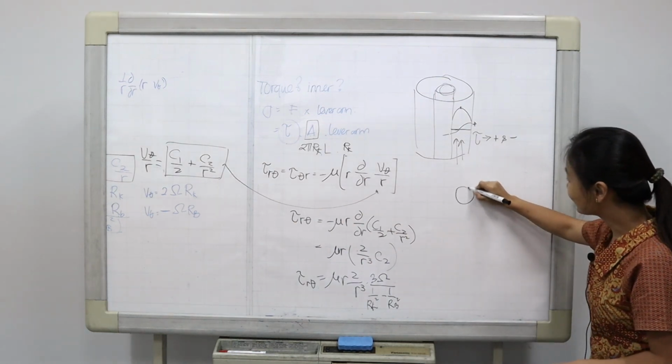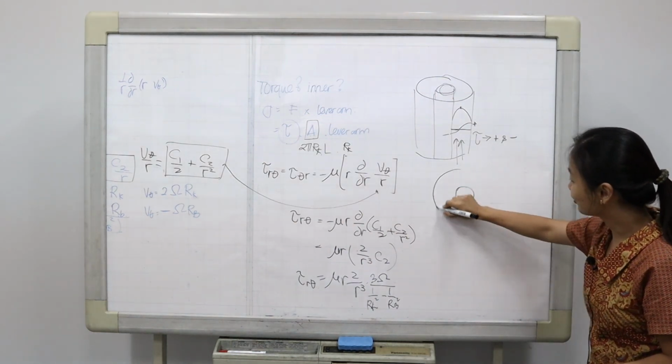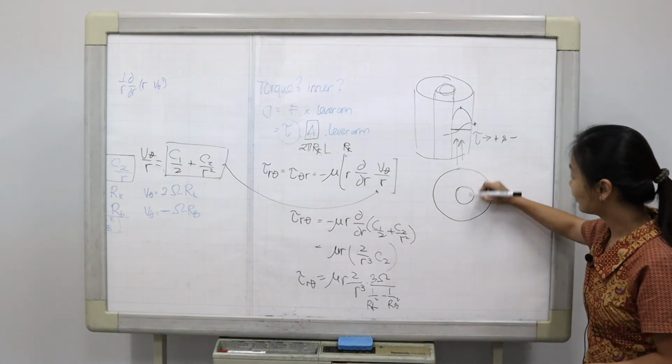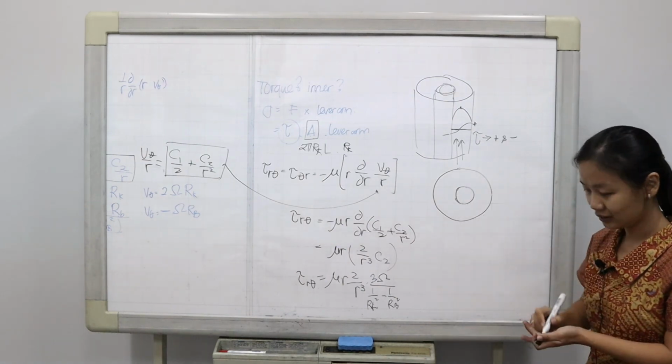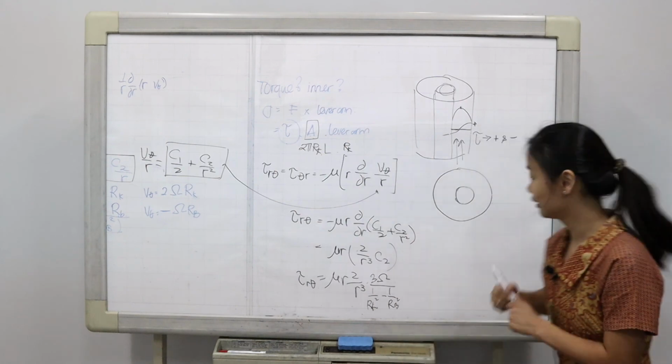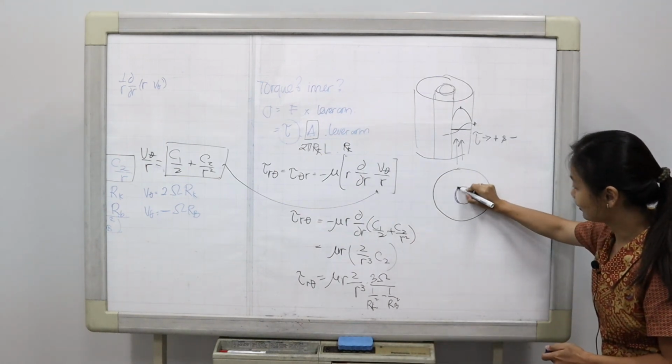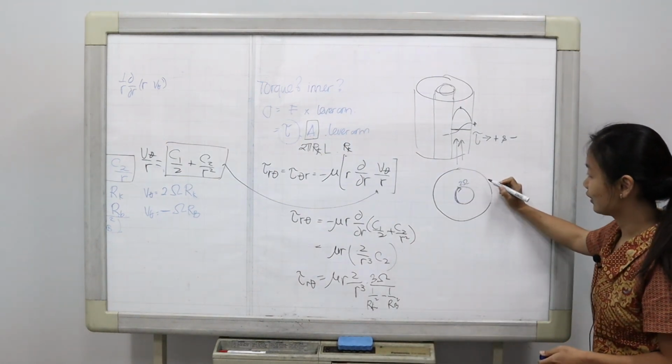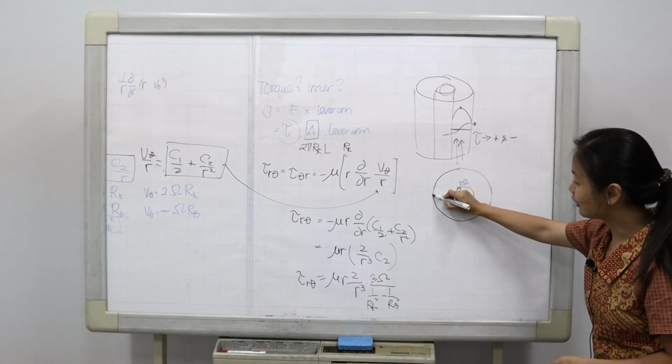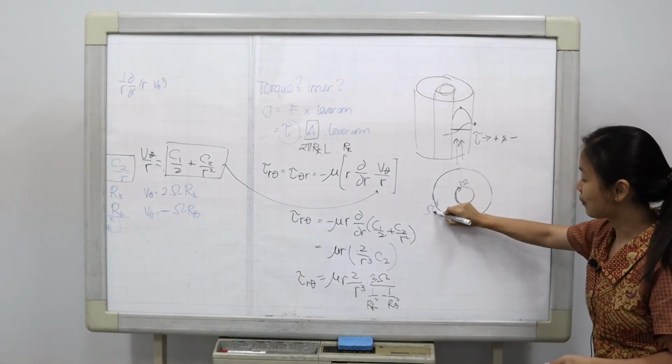This case is almost similar. If you look at our case from above, here the inner cylinder moves in this direction, 2 omega, and the outer cylinder moves in this direction, omega.